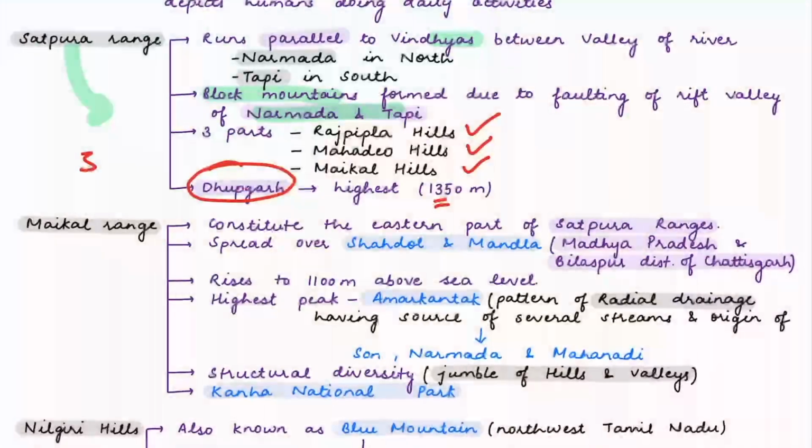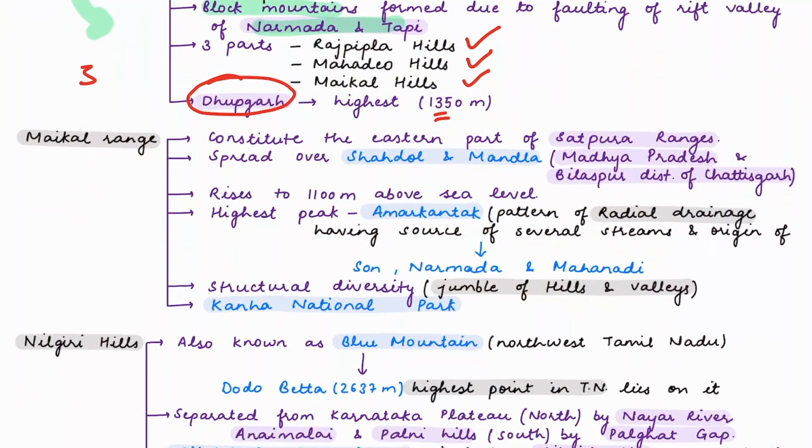Now, the Maikal range is very important. Why? Because many important rivers originate in the Maikal range, and also the highest peak of the Maikal range is Amarkantak. You might have already heard about Amarkantak, which depicts the radial drainage pattern. What is radial drainage pattern? It is depicted on such peaks where the rivers originate and go in different directions.